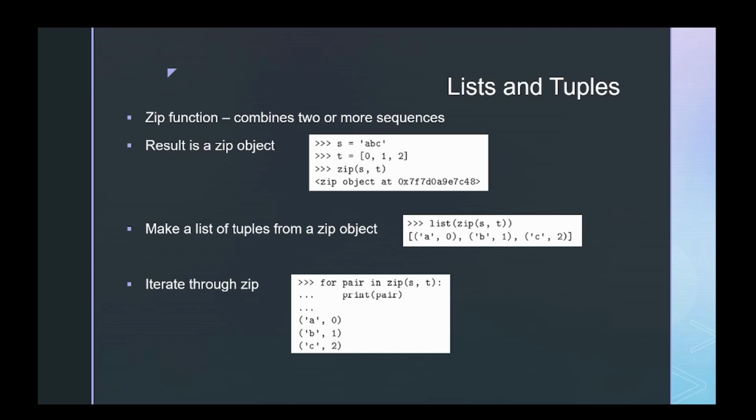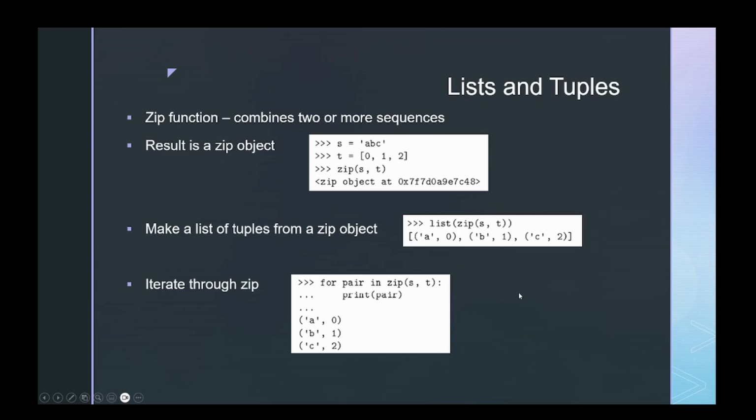So it's not going to just take s, a, b, c, and t, 0, 1, 2, and put one after the other. What it's going to do is take the a and associate it with the 0, b with the 1, and then the c with the 2. So you can see how it kind of lines up like a zipper on your clothing does. Then if I say print the list of whatever is zipped, I can get something that looks like this.